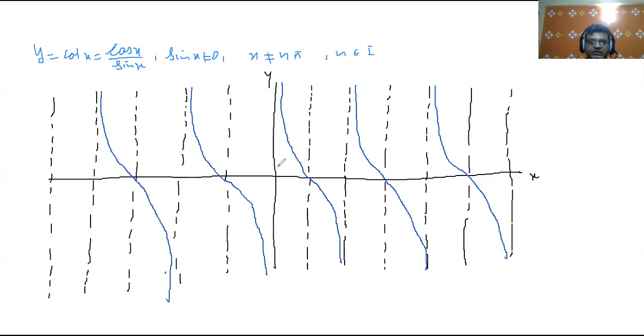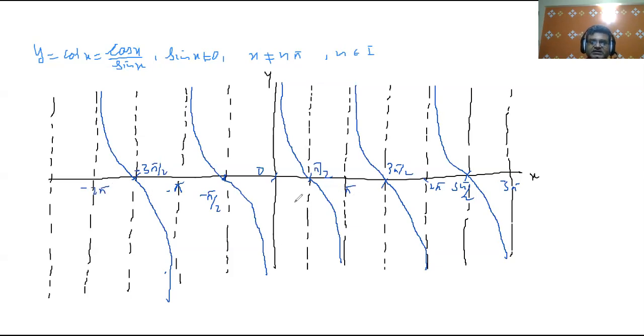So now this is the origin, and this is pi by 2. This is pi. This is 3 pi by 2. This is 2 pi. This is 5 pi by 2. This is 3 pi. Here it is minus pi by 2, minus pi, minus 3 pi by 2, and this is minus 2 pi.